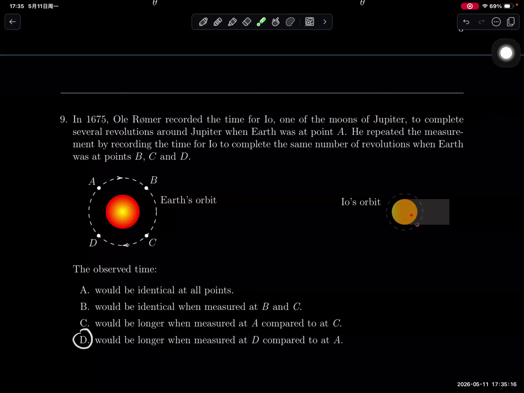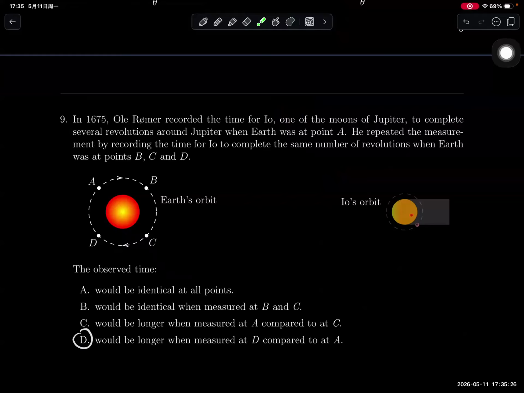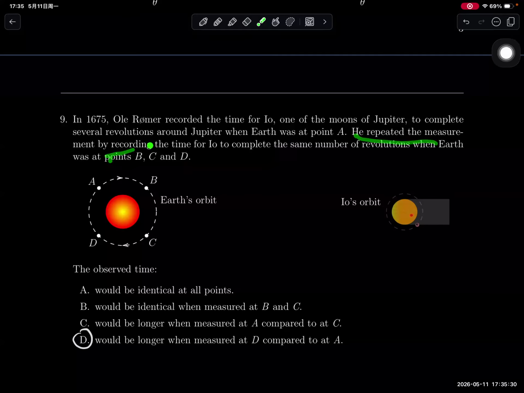The question says at which point, A, B, C, or D, Earth would observe the time to be different. He repeated the measurements by recording the time for Io to complete the same number of revolutions when Earth was at point B, C, and D. But the observation of time would be longer if it was measured at D.